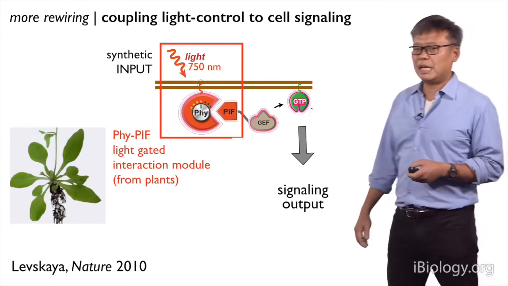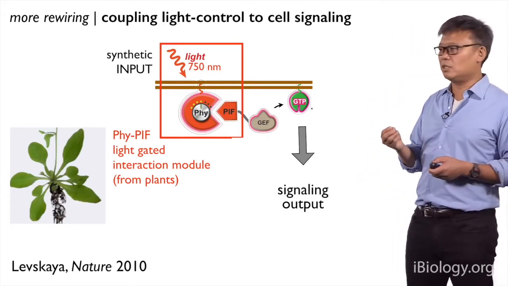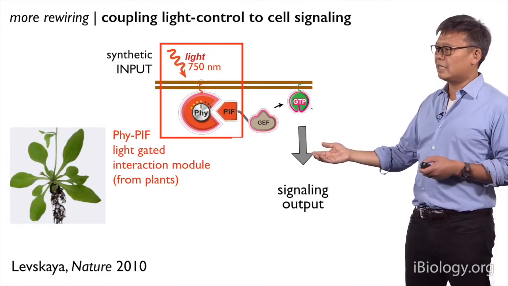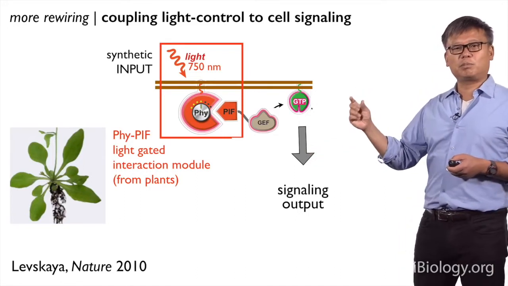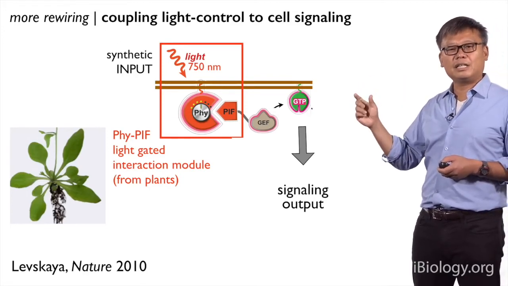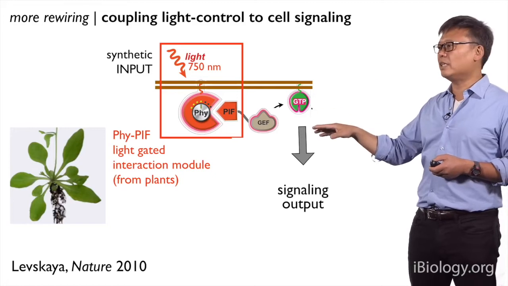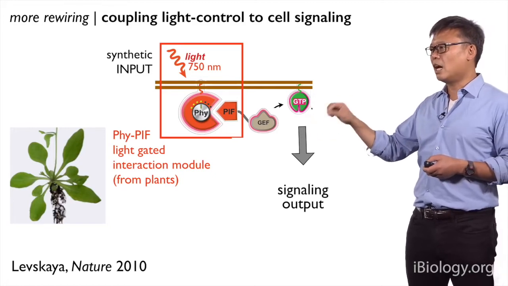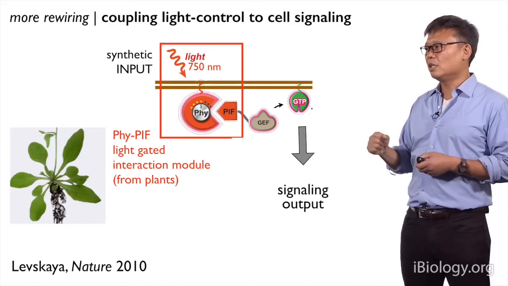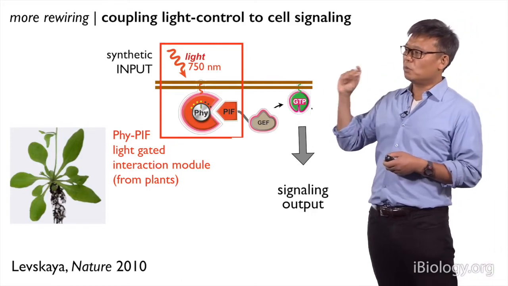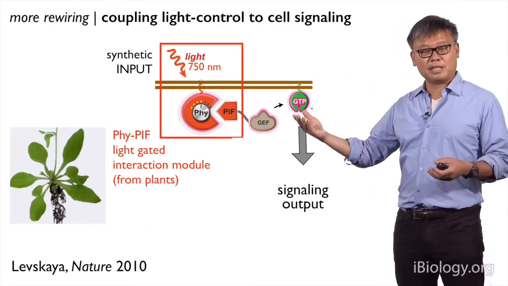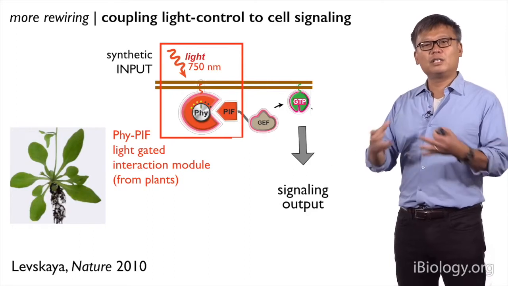Okay. Here's another example of rewiring that we've been able to do. So Anselm Levskaya recognized that in plants there are these really interesting protein interaction domains where the interaction is regulated by light. So if you shine a certain wavelength of light, 750 nanometers, on this protein, it will change conformations and now tightly bind to its partner. And so what we realized is that, again, many signaling behaviors in mammalian cells are controlled by induced recruitment.